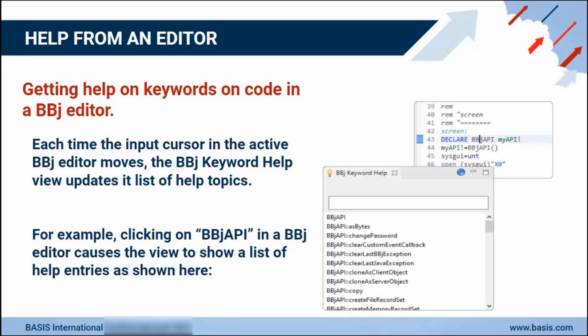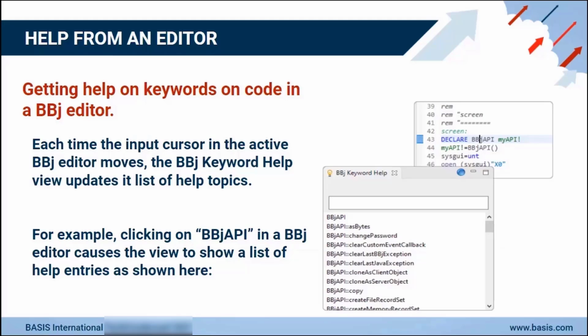For example, if you look on the right-hand side, you'll notice that there's a capture from a BBJ code editor on the far right. You'll notice that the input cursor, that little vertical grayish-black bar, is on the word BBJ API in the editor. And below that, you'll see we have the BBJ keyword help view being displayed. In the BBJ keyword help view, it shows a list of entries on the bottom that start with BBJ API.